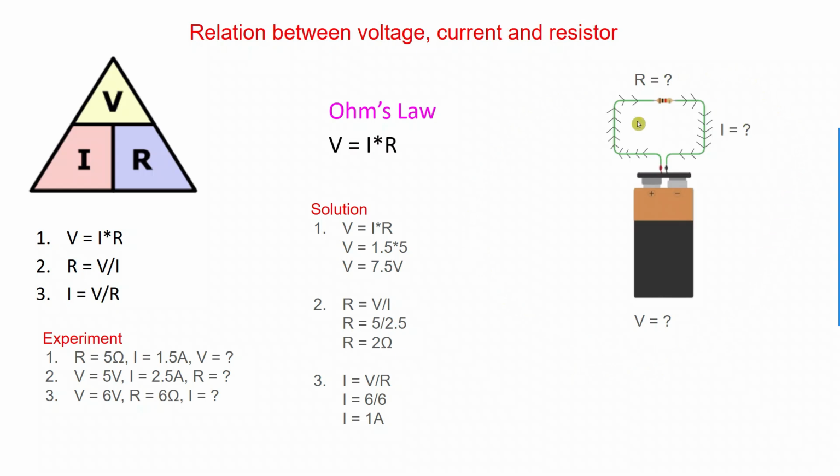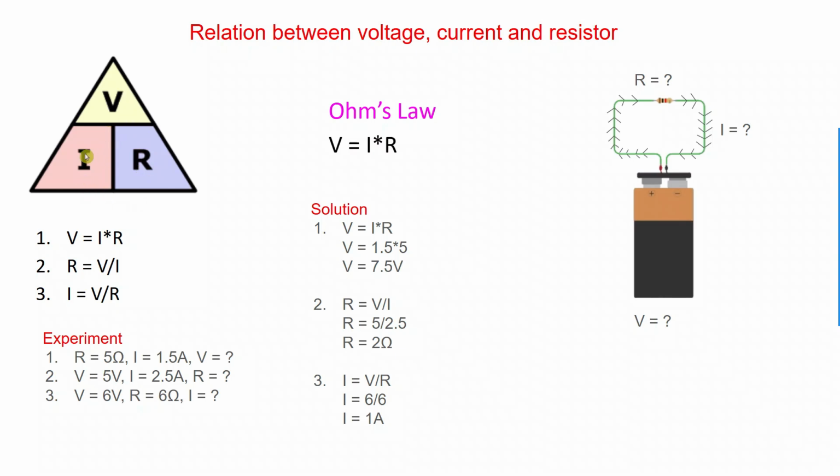I am using one battery, and this is the circuit with one resistor and V equal to IR. If you know the value of V and R, then we can calculate the current.